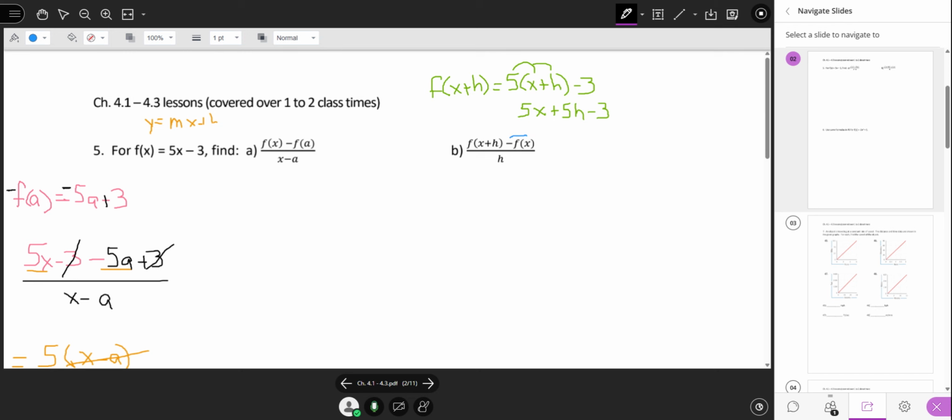This says minus f of x. So that's my next piece. So minus f of x.